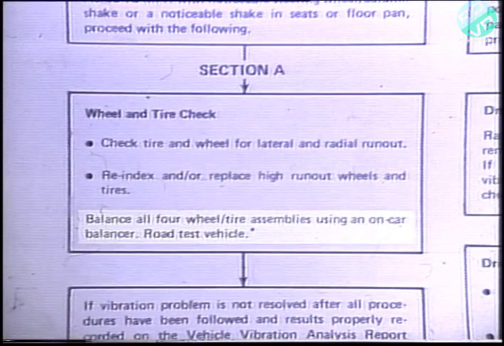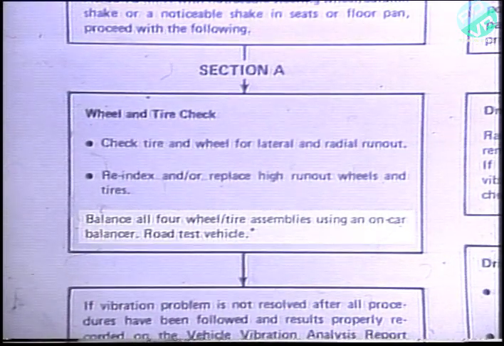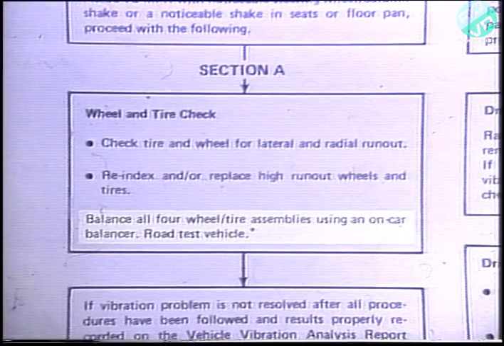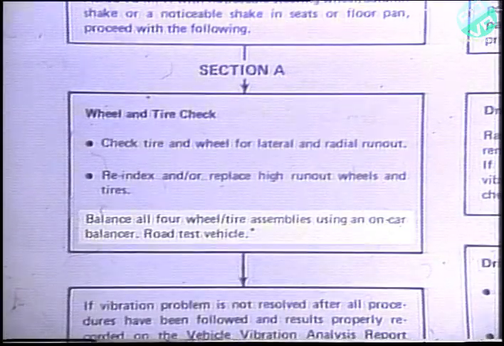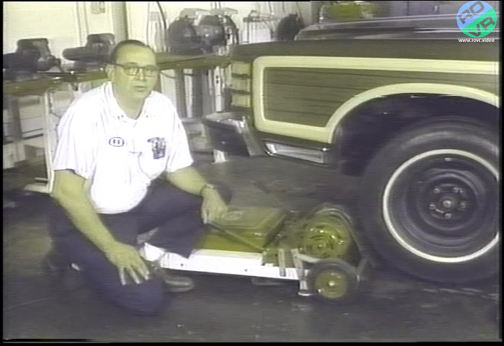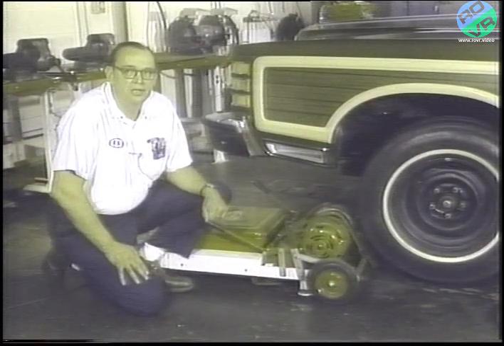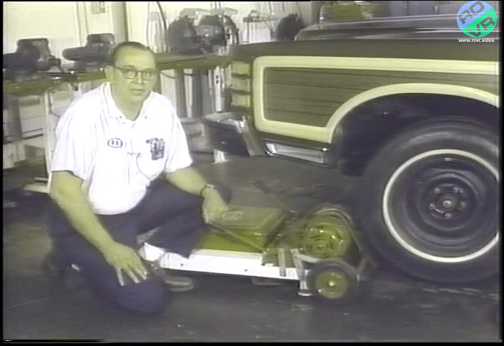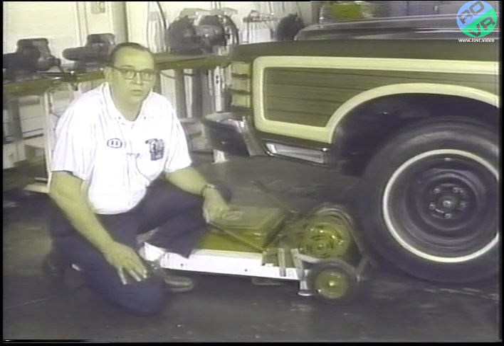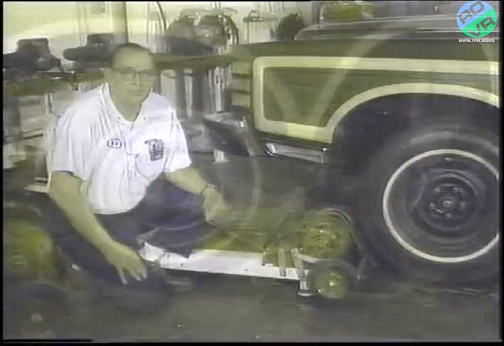You will now want to balance all four wheel assemblies using an on-the-car balancer or strobe light balancer. You've probably learned through experience that proper wheel balance may be the most important procedure for correcting most NVH complaints. You also know that good equipment is a must, especially when balancing steel-belted radial tires, which often require balancing to 1/4 ounce or less.